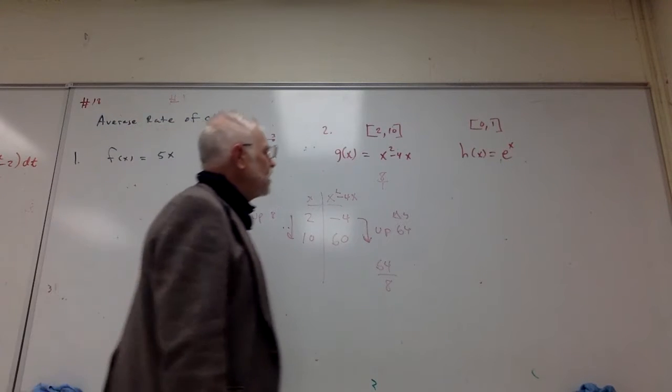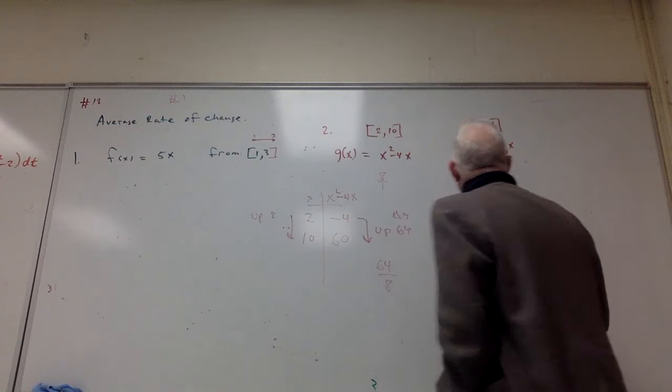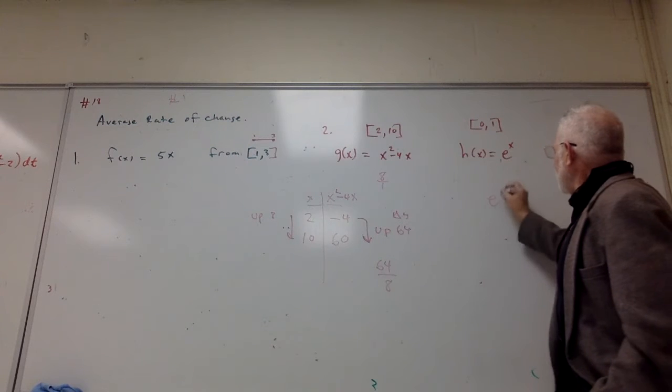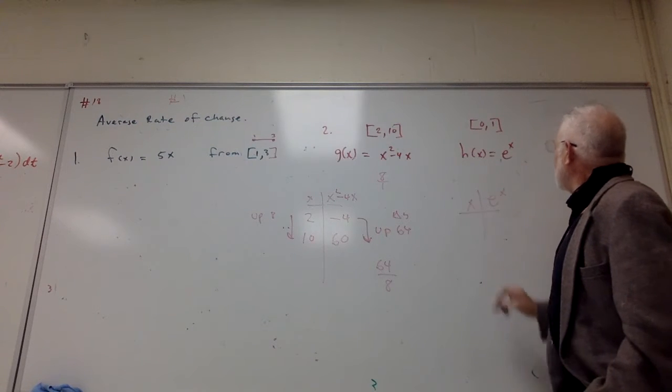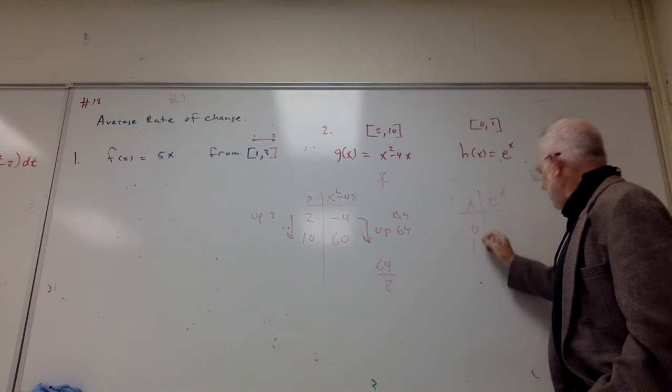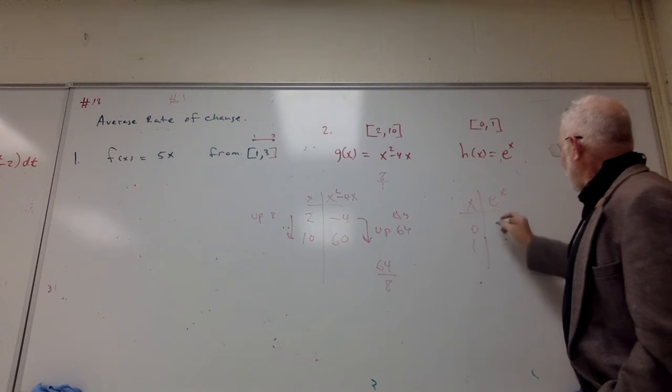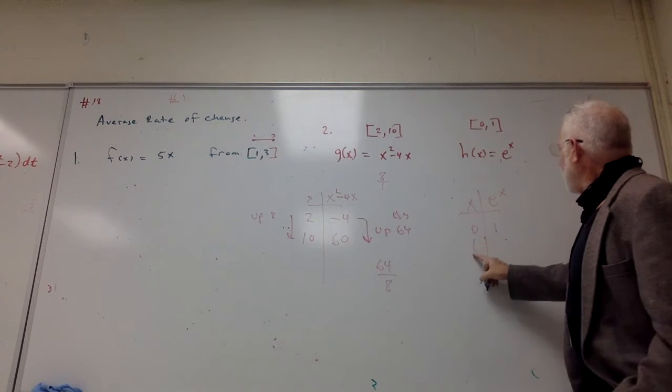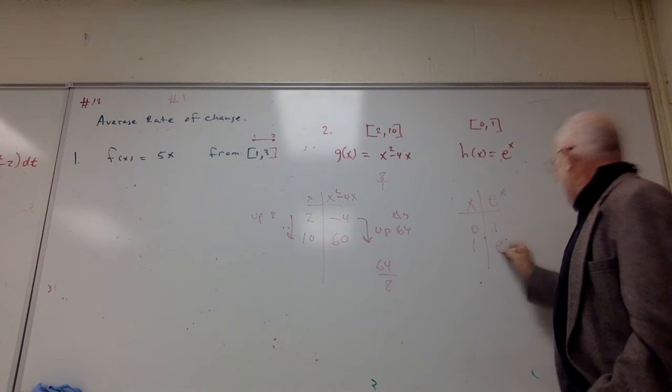Okay, problem number 3. The average rate of change of this function, e to the x, from 0 to 1. I know that e to the 0 is 1. I know that e to the 1 is e.